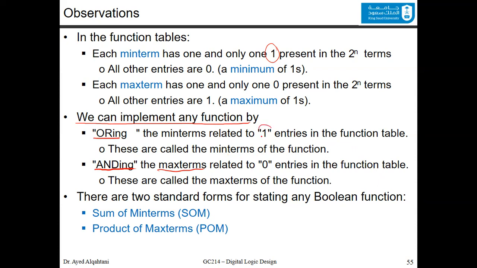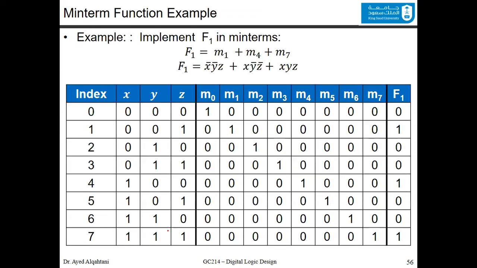So if you look at the ones, you find the min terms and OR them together. If you look at the zeros, you find the max terms and AND them together. There are two standard forms for stating any Boolean function: the sum of min terms, so you sum up the min terms, or the product of max terms.